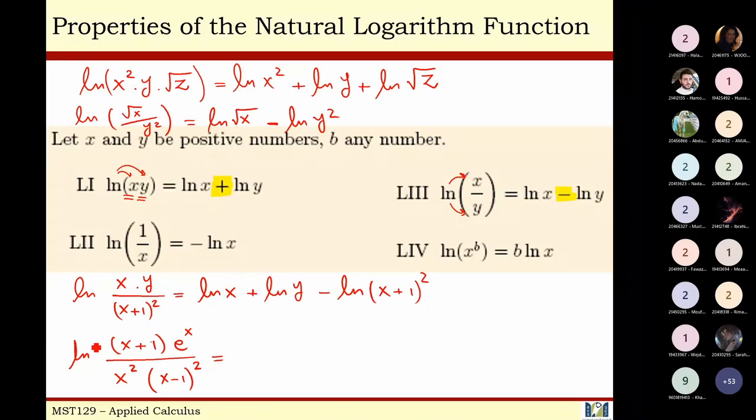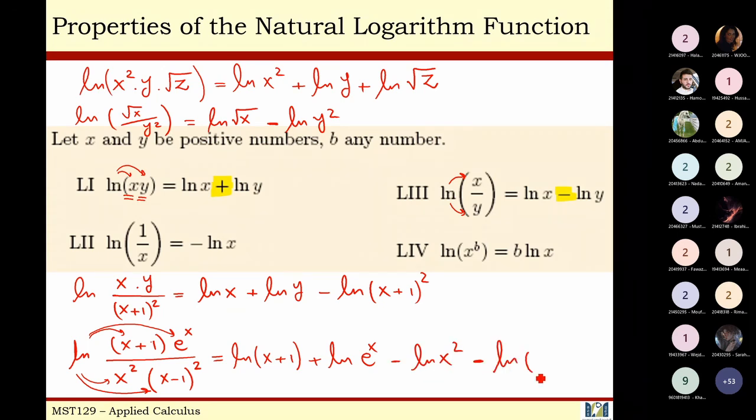Distribute the ln on the x plus 1 and e^x, and x square and x minus 1 square. Like this, we have ln x plus 1 plus ln e^x minus ln x square minus ln x minus 1 square. Okay? Any question? This is the first two properties.